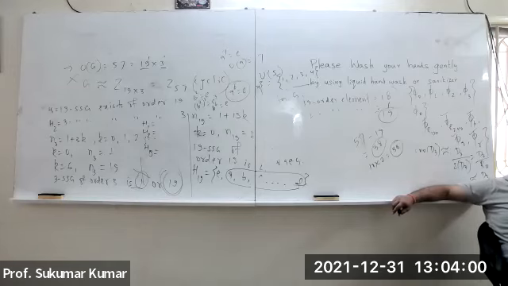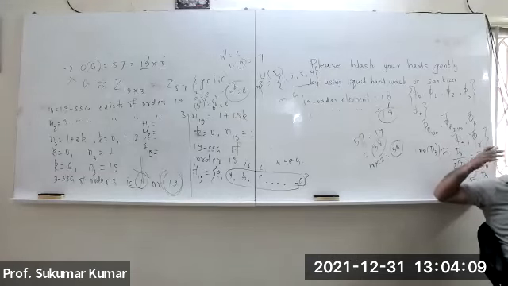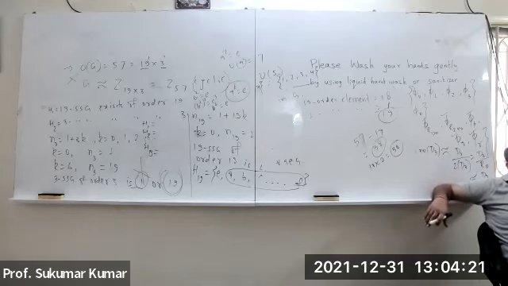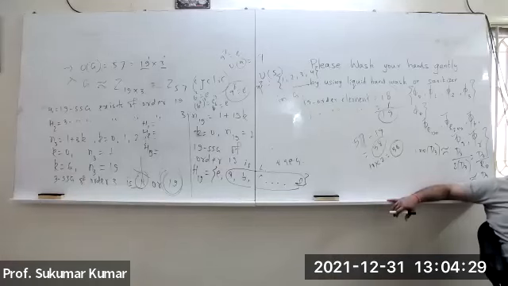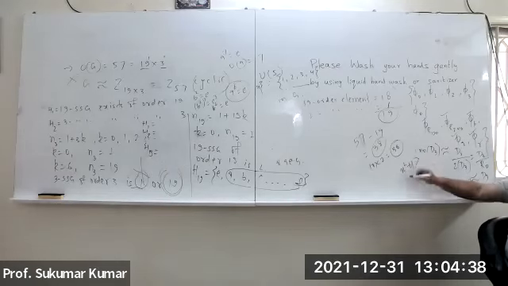Generated by more than one element, like X and Y together, is not principal. For polynomials, generated by a single polynomial means a principal ideal, not only constants. If I write X square plus 1 generating, this is a principal ideal, generated by a single polynomial.